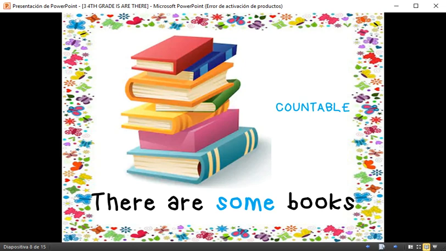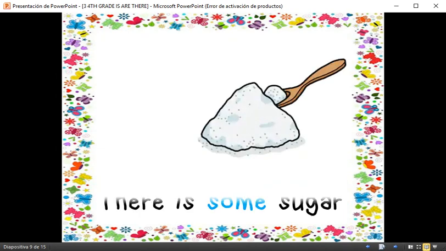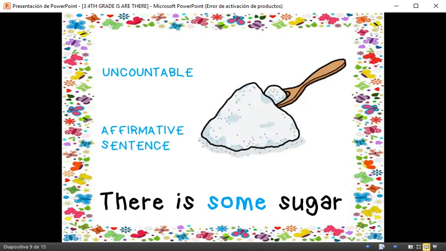In this case, we have plural, countable because you can count the books, and the sentence is affirmative. Next, there is some sugar. In this case, sugar is uncountable and it's an affirmative sentence.